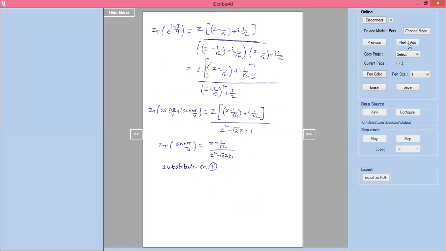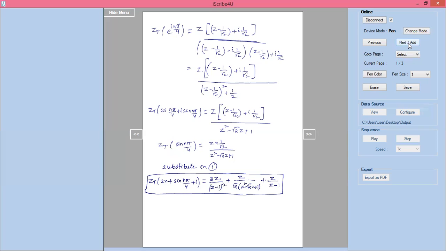Already we know the Z transform of 2n plus sine n pi by 4 plus 1 equals 2z divided by z minus 1 whole square, plus z divided by root 2 into z square minus root 2 into z plus 1, plus z divided by z minus 1, which is the required solution for the given equation.